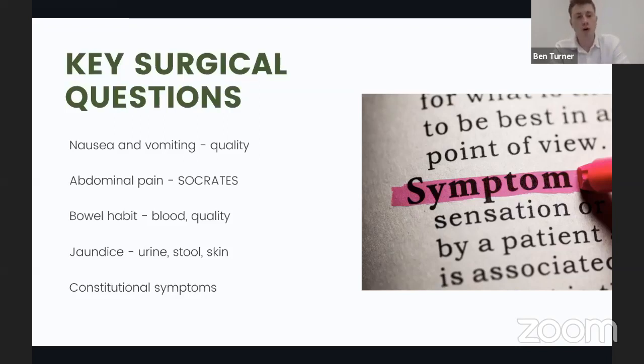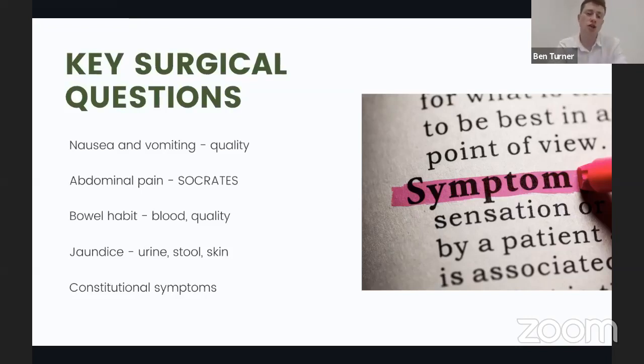Bowel habit should always be asked about. The color of the stool, whether there's any blood, are they going more regularly, less regularly, have they passed any wind? All super important surgical questions. Jaundice: when we're talking about jaundice, we mean dark urine, pale stool, yellow skin, yellow scleral icterus, all very important as well.